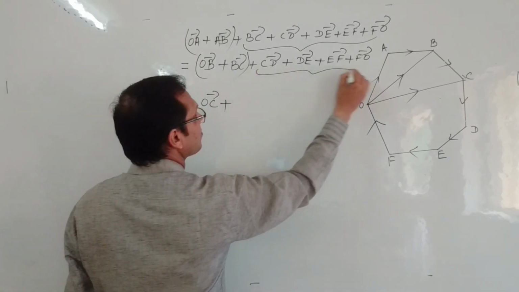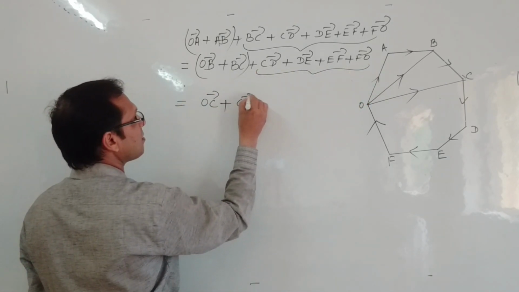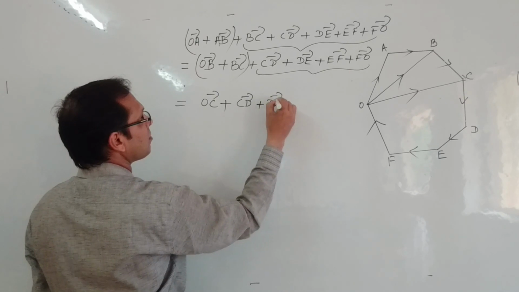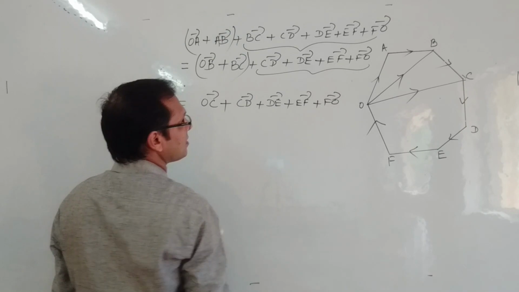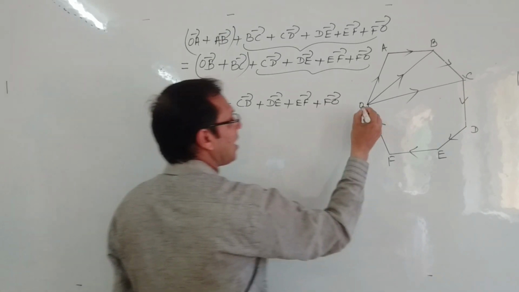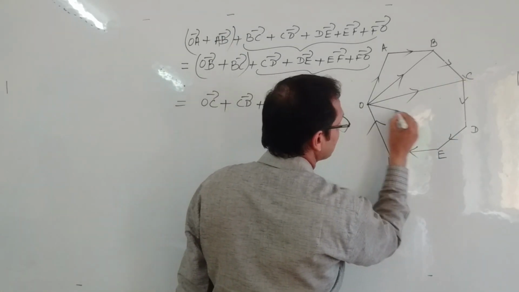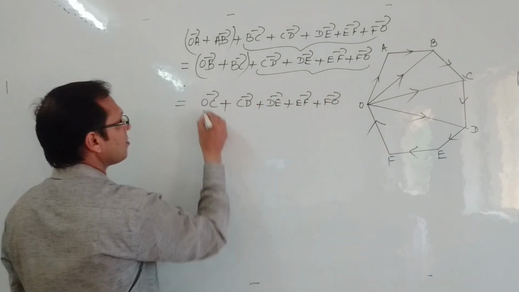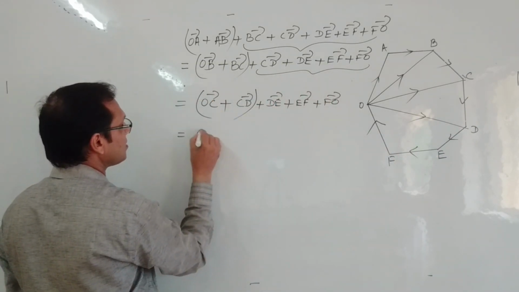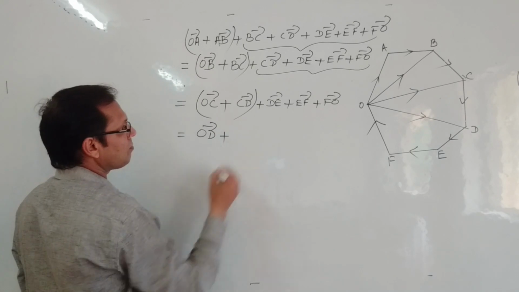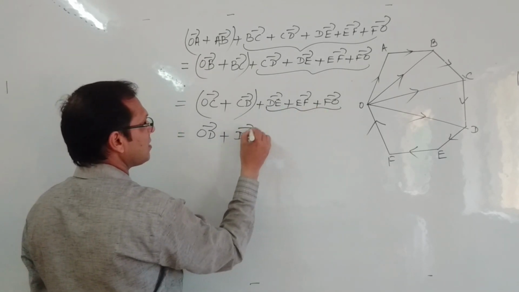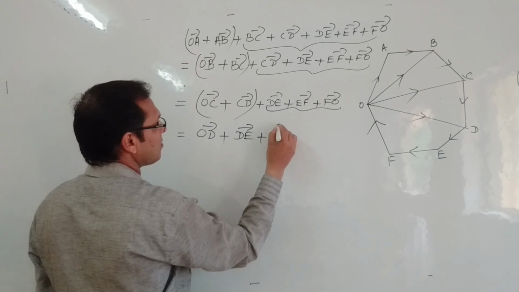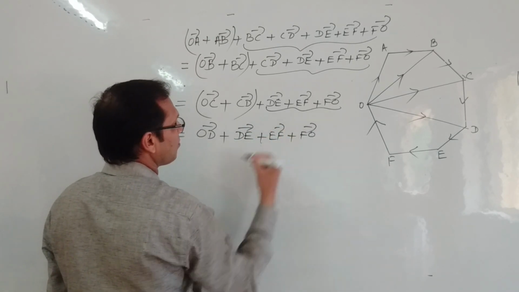Now keep the rest the same: CD vector plus DE vector plus EF vector plus FO vector. Now we'll add OC plus CD, which is nothing but the OD vector, plus DE vector plus EF vector plus FO vector.